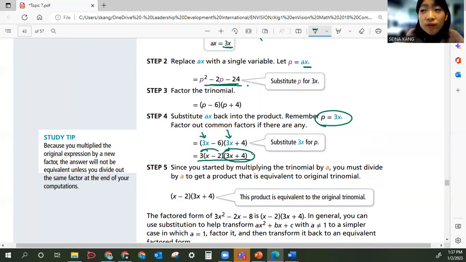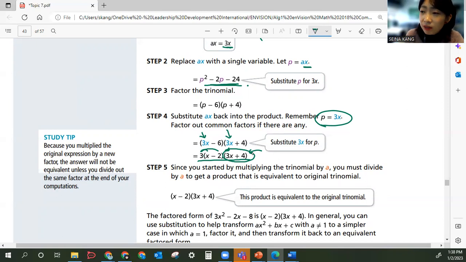So when you factor out 3 from one binomial, that's fine. And if you're multiplying everything together, it's still going to be multiplied to one factor at a time, right? So unless you have another factor to factor out from your next binomial, you can just factor out the greatest common factor from one binomial, and that's fine.